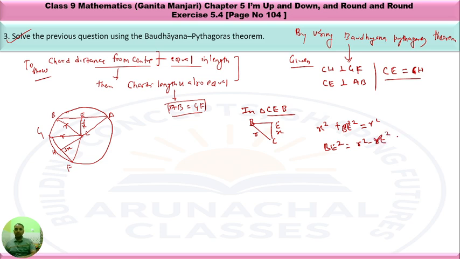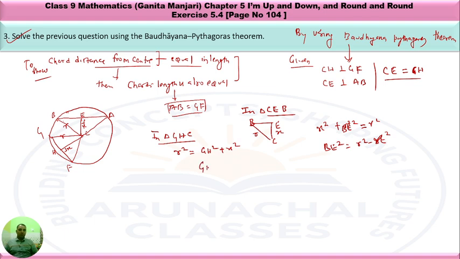Now in triangle CHG, so we can have r square equal to GH square plus x square.